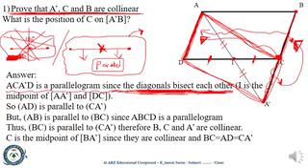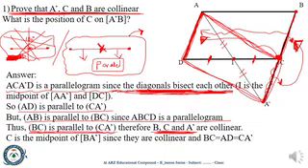ACA prime D is a parallelogram since the diagonals bisect each other. So AD would be parallel to CA prime, but AD is also parallel to BC since ABCD is a parallelogram. That's what I said before. So BC is parallel to CA prime.